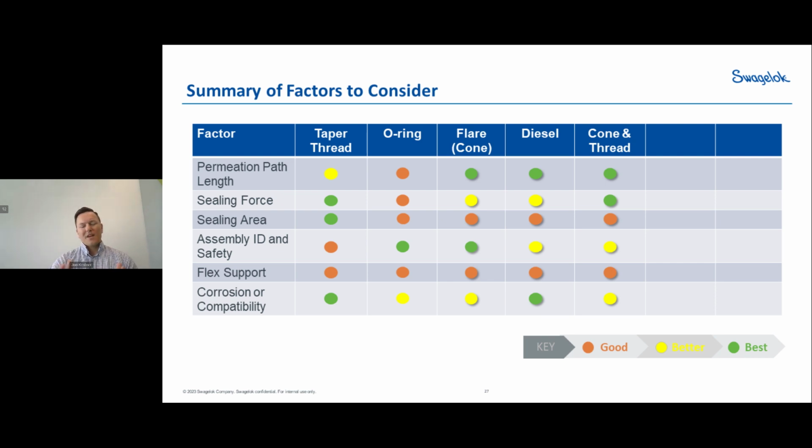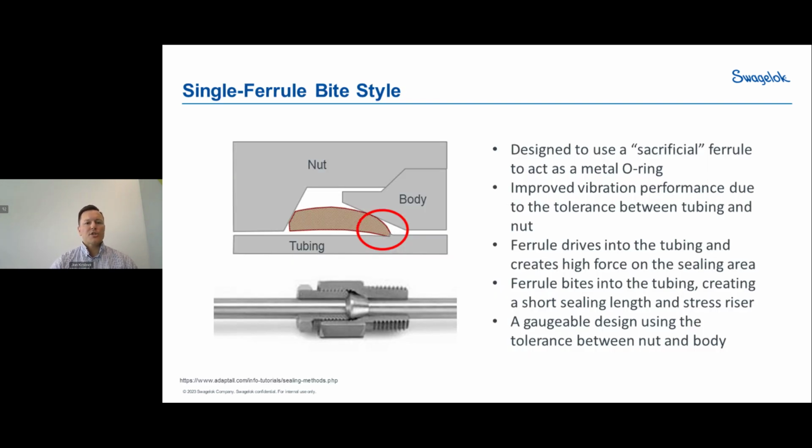So the first iteration was, how do we solve this permeation issue? And then the next step, now that we think we've got that figured out, is, how do we improve our flex support? That's the one thing across the board that none of these connections can really offer. The first shot at that is a single ferrule, what we call a bite style fitting. That uses a single ferrule that bites into the tubing.